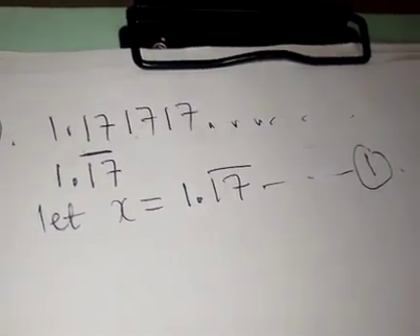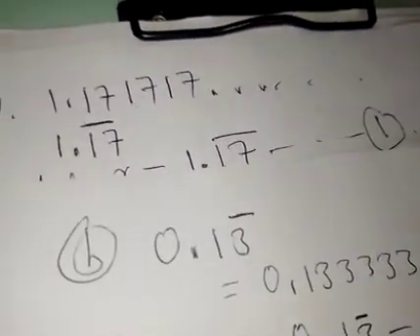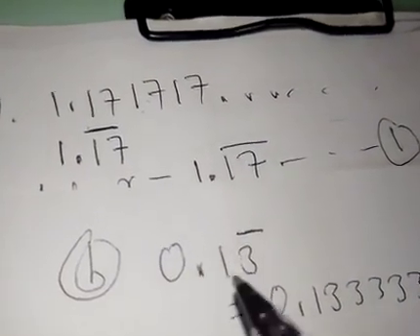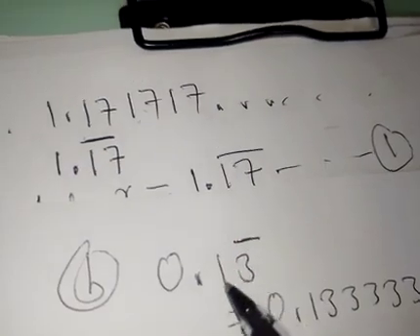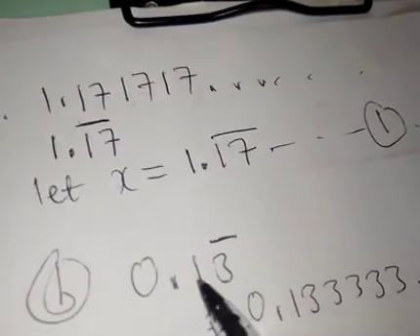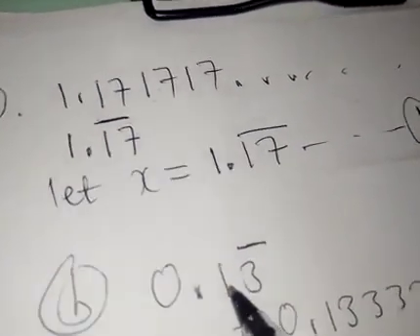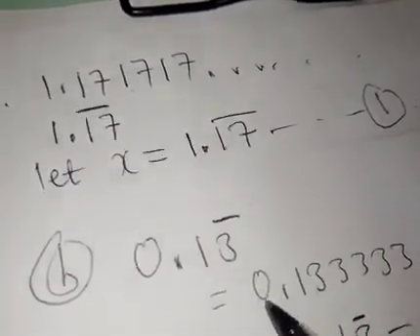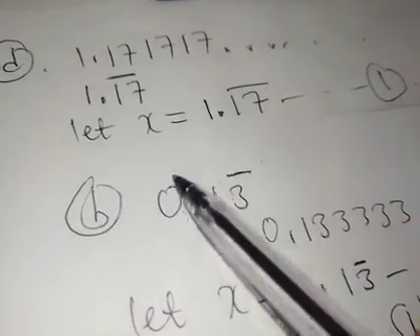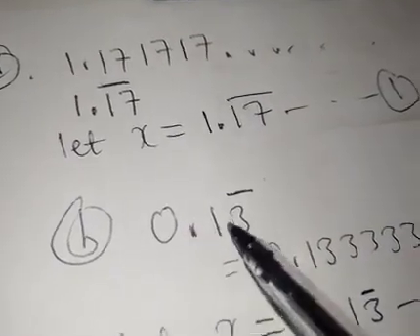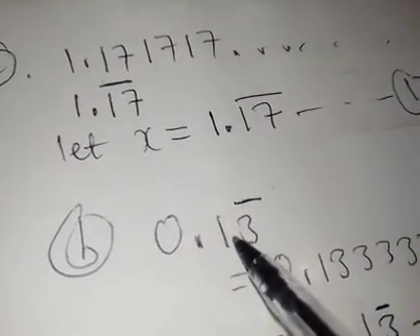Unlike this one, the way it was. If you check this one, this is the repeating number, but there is also this one coming before the repeating number. So no wonder we had to multiply this by 10, so that this decimal point comes immediately before the repeating number.